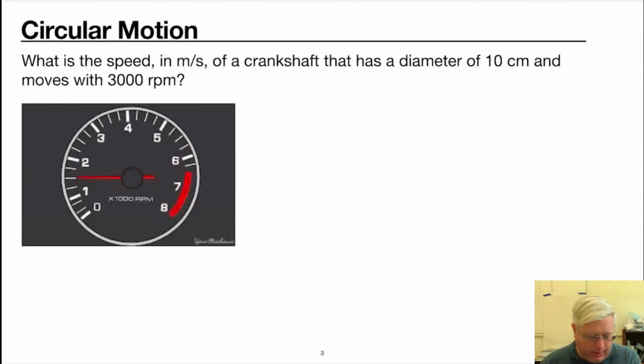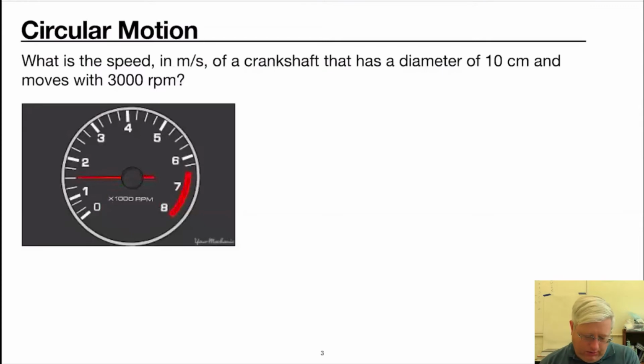Okay, so let's try an example of some uniform circular motion. In your car, you probably have one of these meters that says times 1,000 RPMs on it, and it's called a tachometer, and measures the spinning of the crankshaft in your car.